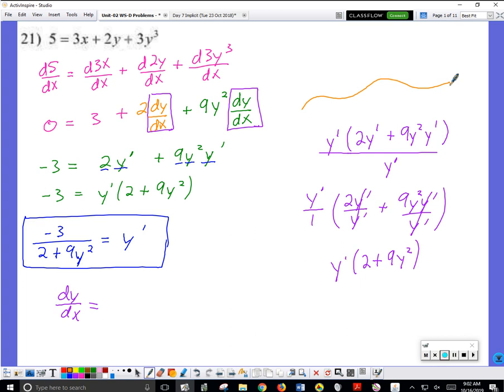This equation here is for finding the slope anywhere on this curve. If I want to know the rate of change or slope right there, and I know that y coordinate is 7, I plug a 7 into this formula, and this will tell me that tangent slope. If I plug a 7 into the curve's equation, I can solve for the x coordinate here. So I'm going to use this y coordinate to find the x, and this one's going to tell me the slope.